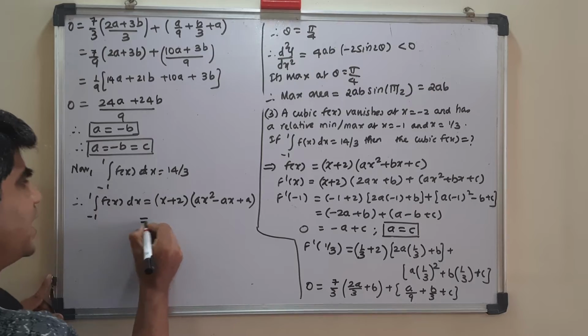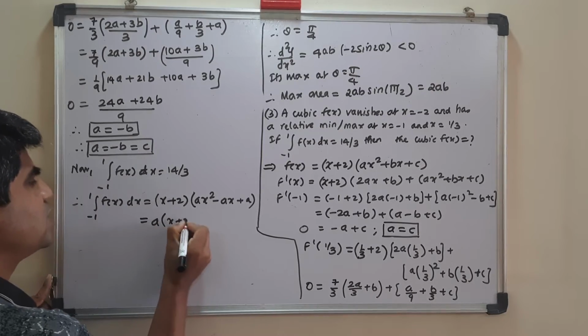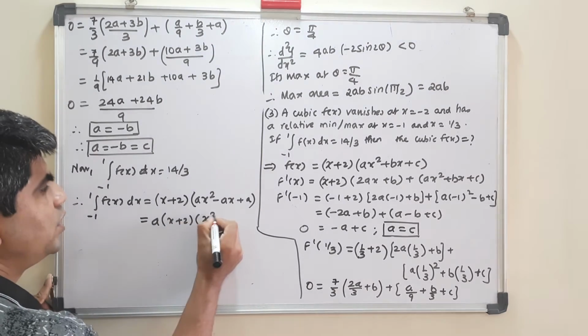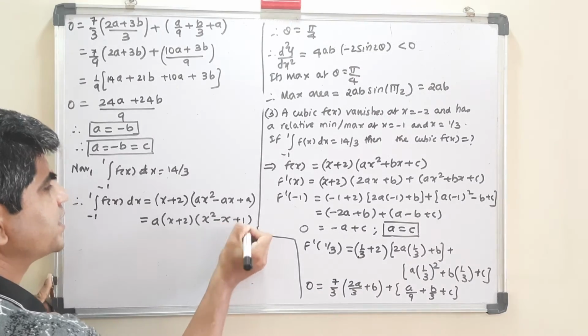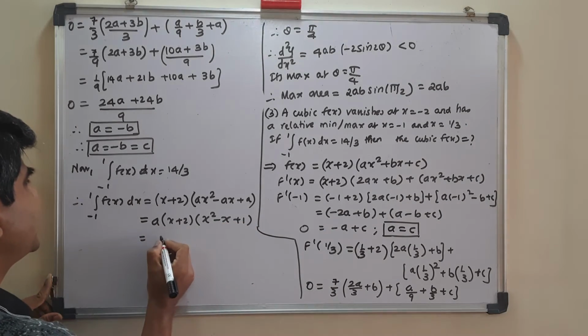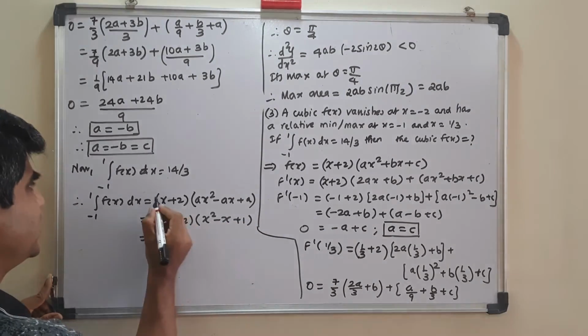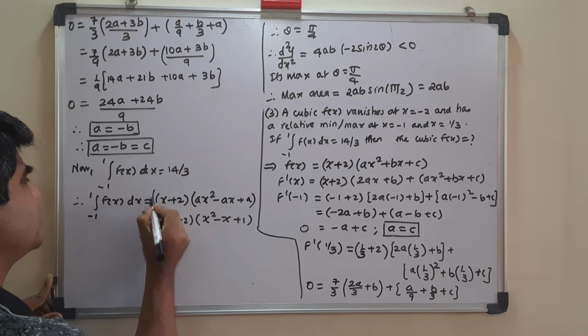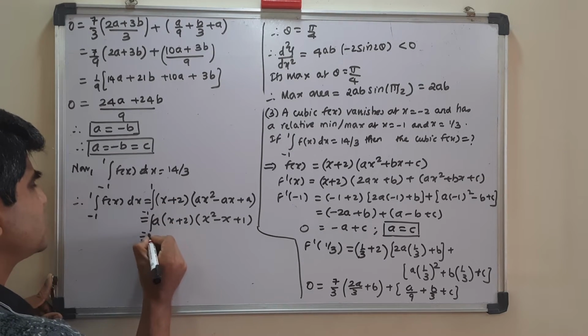So in short I get a into x plus 2 into x square minus x plus 1. So when I multiply this, the integration here also is minus 1 to 1.